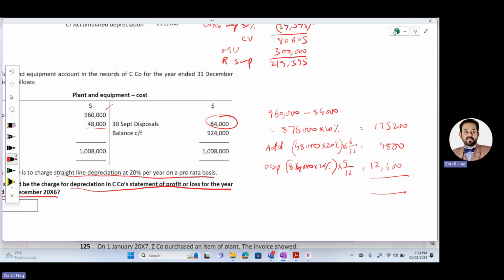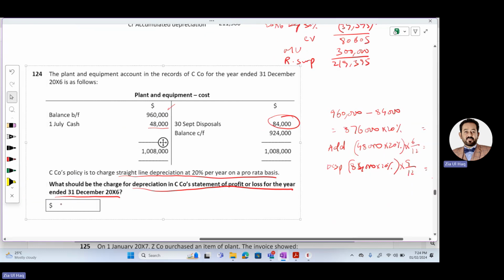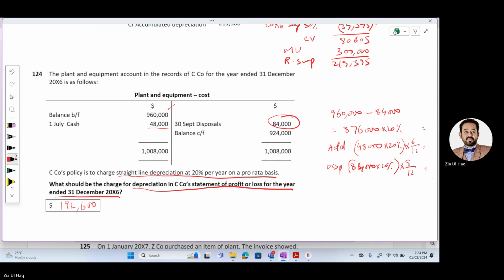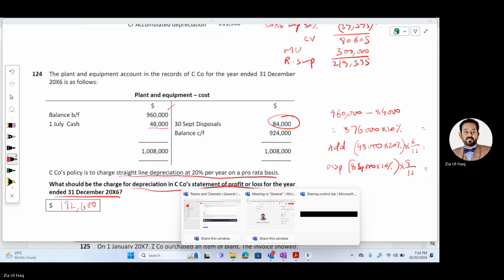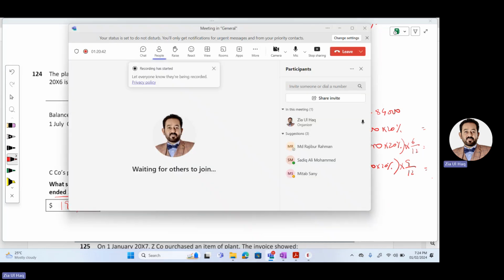What is all together? 192,600. So let's take a break. After the break, we will cover one more.